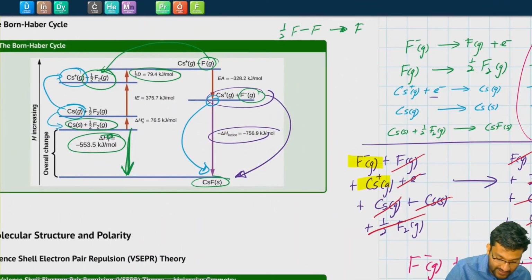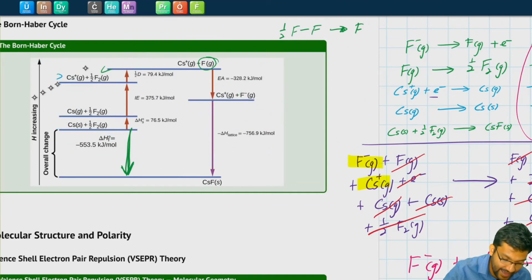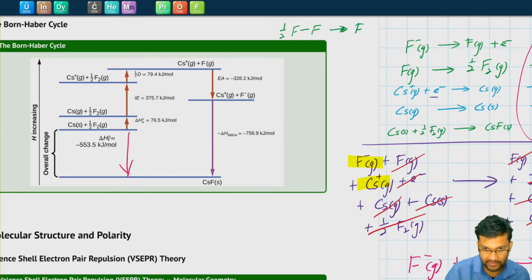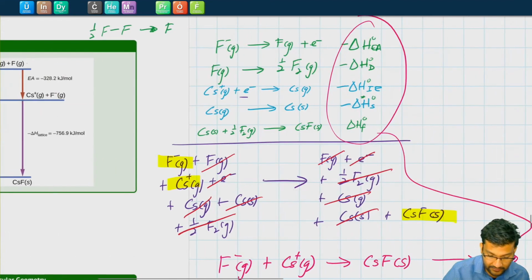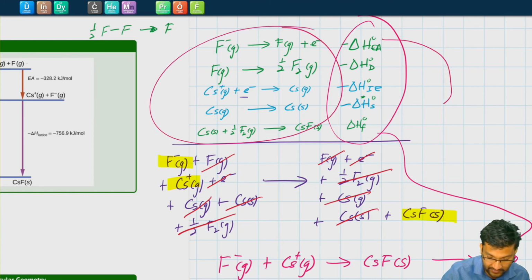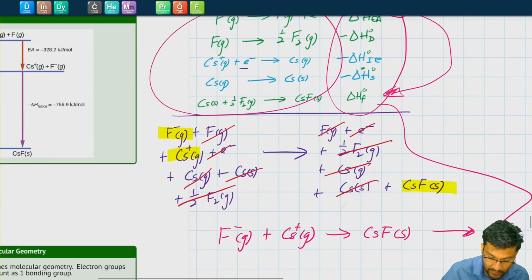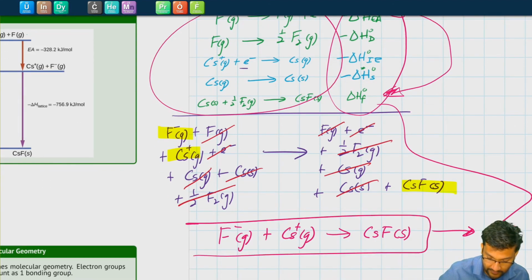Now, whenever you have a cycle like this, a Born-Haber cycle, you can figure out any energy here if you know all the other energies. You just need to figure out what direction you want to go in to write the different equations and have the different signs and the different enthalpies to form the one that you didn't have, the one that you're missing.